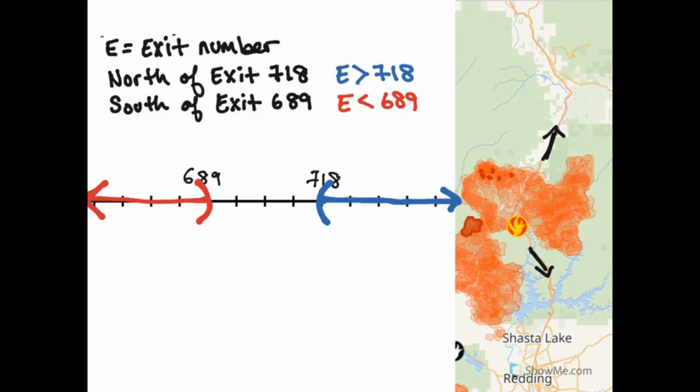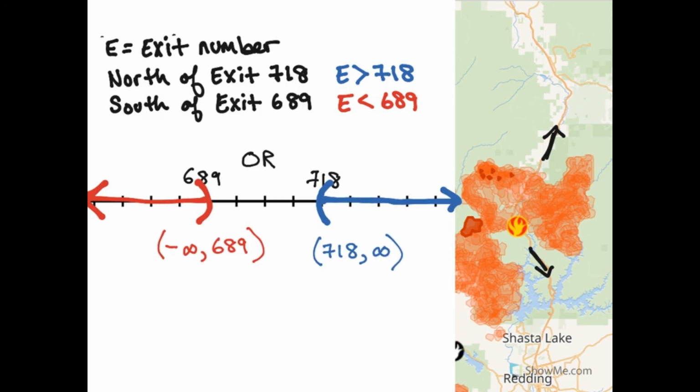So even if in natural language we might say the highway is open north of 718 and south of 689, in logical operations we need to use OR here, because a car cannot be on both of those parts of the highway at the same time. And a number on the number line cannot make both inequalities true at the same time.